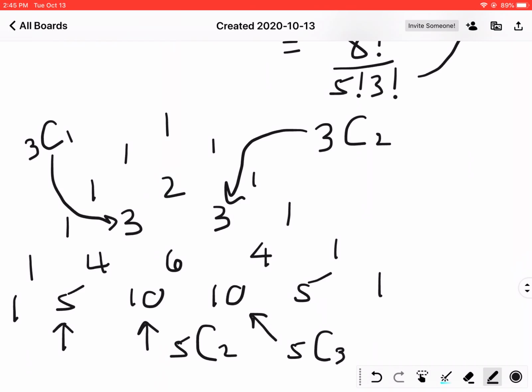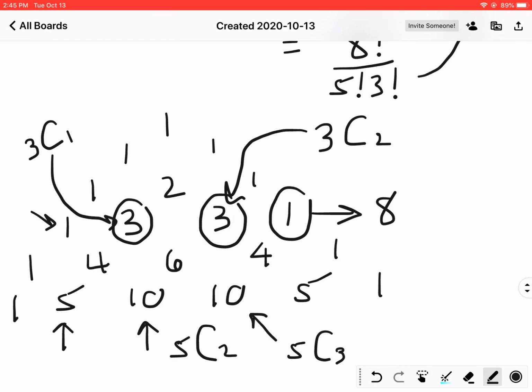Something else to notice, if I look at the sum of this row, it's 8. This was 3 choose 1, right? And this here was 3 choose 0, which sounds silly, but you can have an empty set, a set with 1 item in it, sets with 2 items in it, and then the entire set.